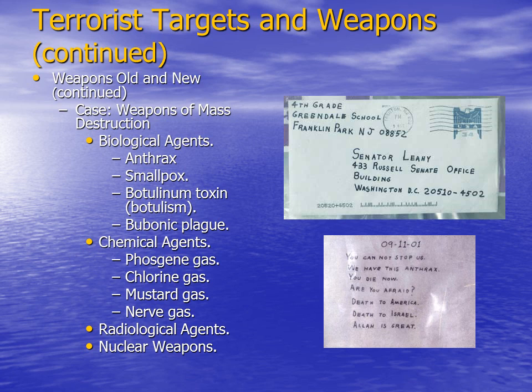Your chemicals are your manufactured materials, mustard gas, nerve gas, and of course radiological agents, a thing called a dirty bomb, where you take a high explosive and pack it with radiological material and explode it. It's not nuclear, but once it explodes, you have the impact of the high explosive, but also some radioactive exposure that leaks out into the community, into the air.